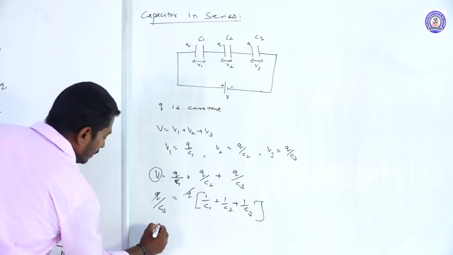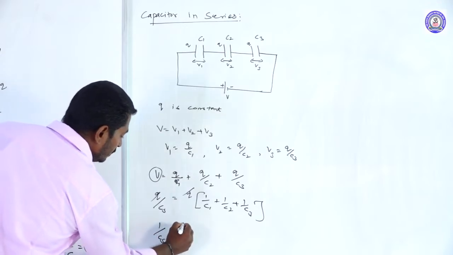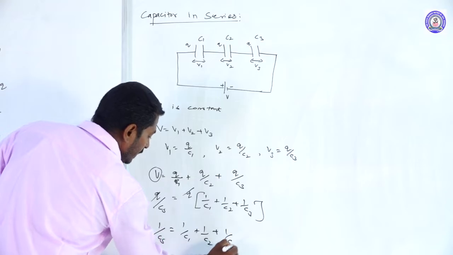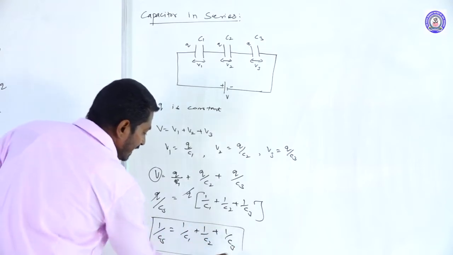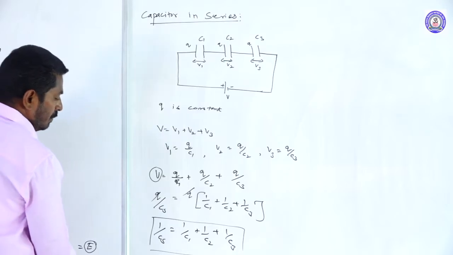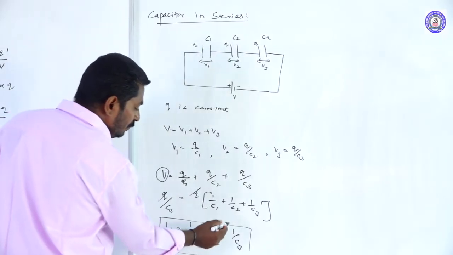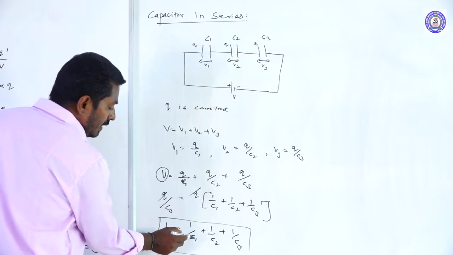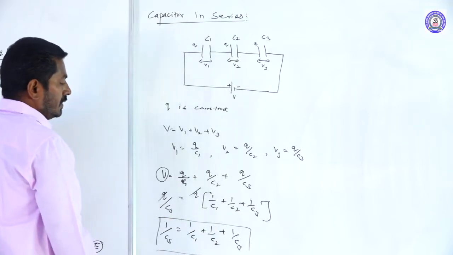Q gets cancelled. 1 divided by CS is equal to 1 by C1 plus 1 by C2 plus 1 by C3. So, this expression says the reciprocal of the effective capacitance connected in series combination is equal to the sum of the reciprocals of the capacitances of the individual capacitors.